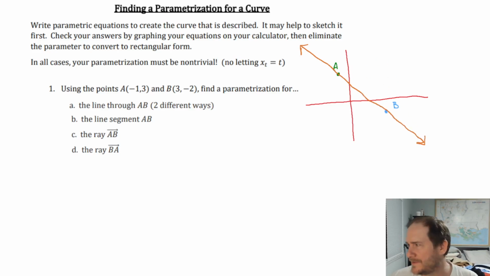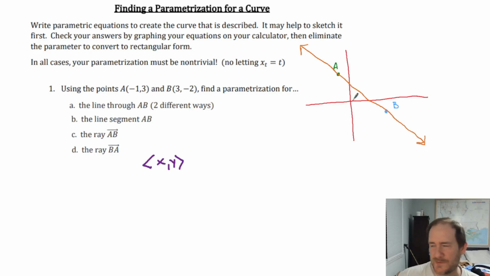I said in class that the way I like to do this is not to write parametric equations right away, but to write a vector equation right away instead. Because we said that a vector equation for a line will always take the form of some vector xy.